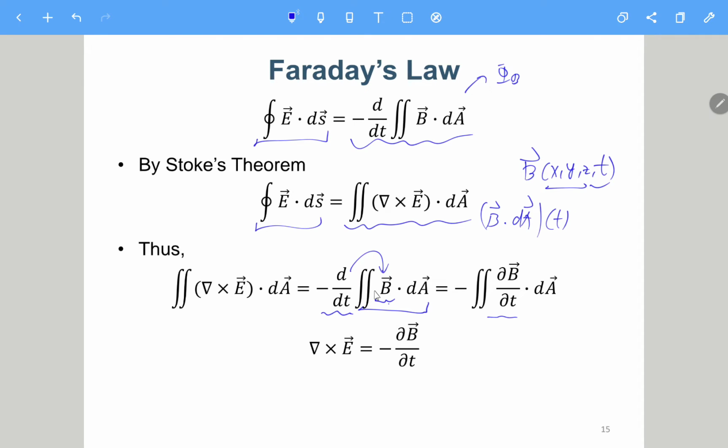The integration is like you add many terms. So this integration turns out to be a function of time, so we can use the original derivative.